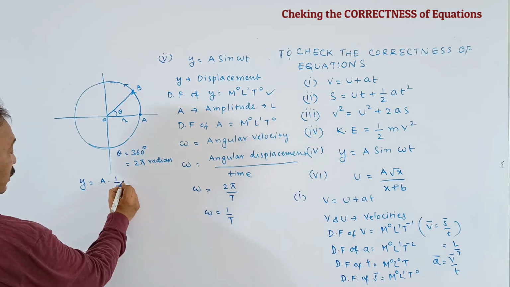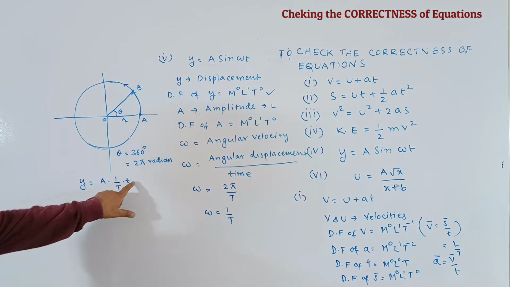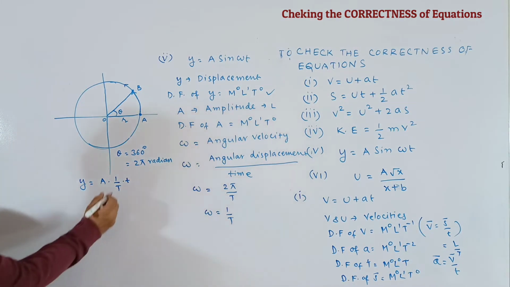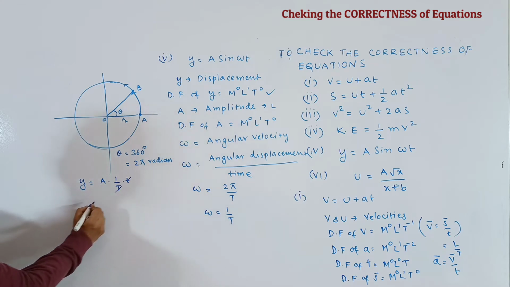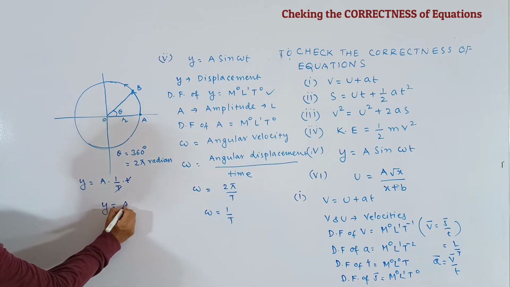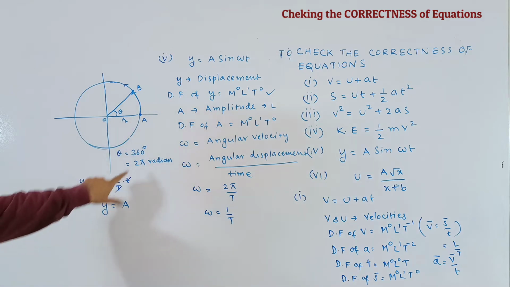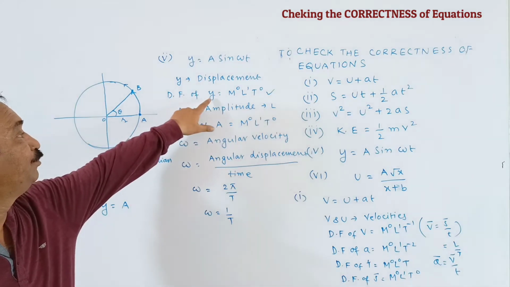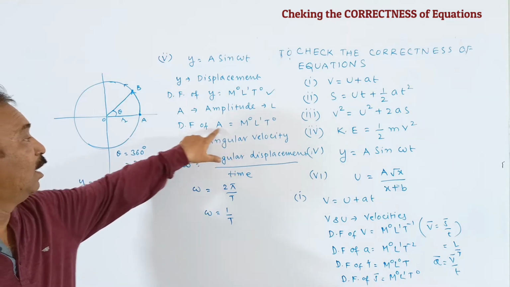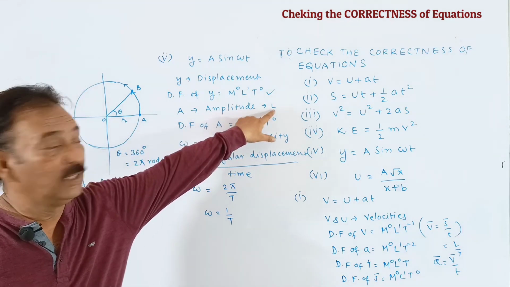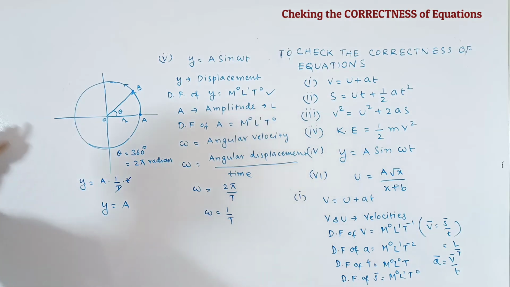Here is the t. T cancels with the t. Then what we have is Y is equal to a. Y is the displacement, and a is the amplitude, which is also nothing but displacement. So this equation is also dimensionally right.